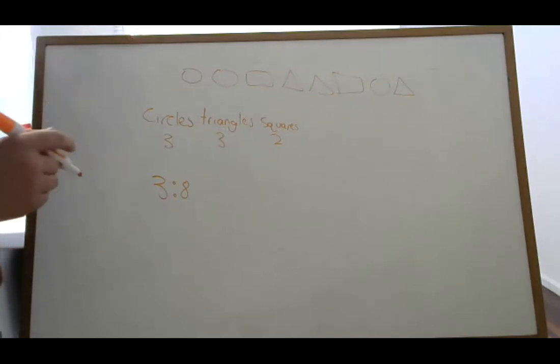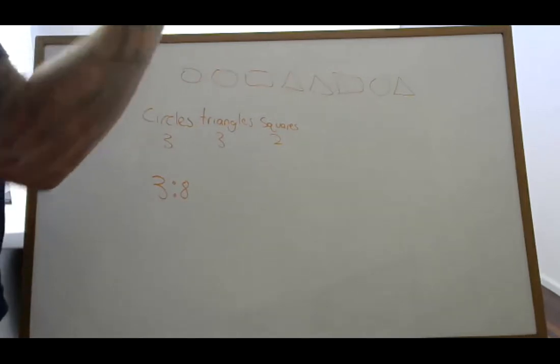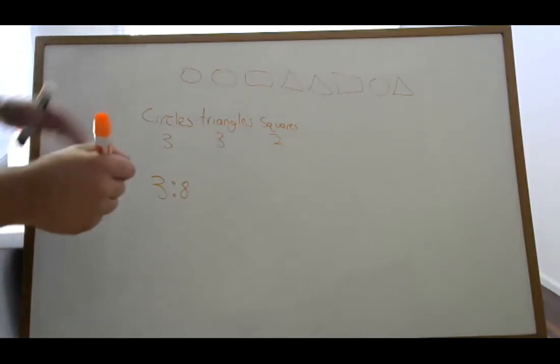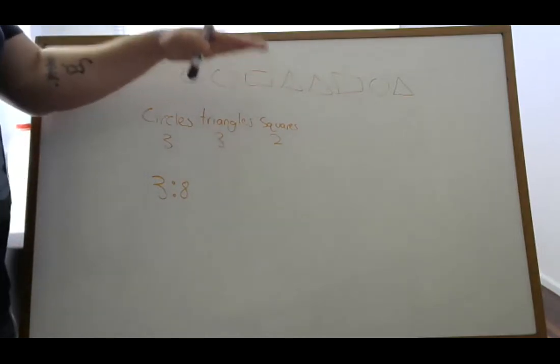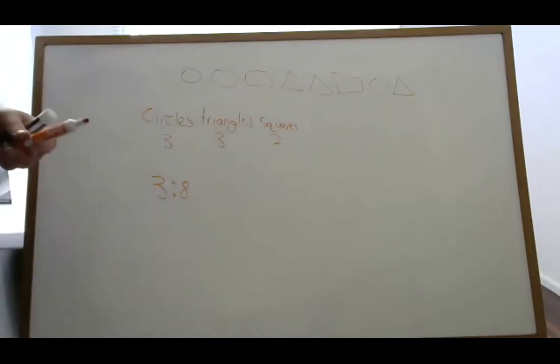How many of these shapes are not triangles in a ratio to the total number of shapes? So the number of shapes that are not triangles to the total number of shapes.